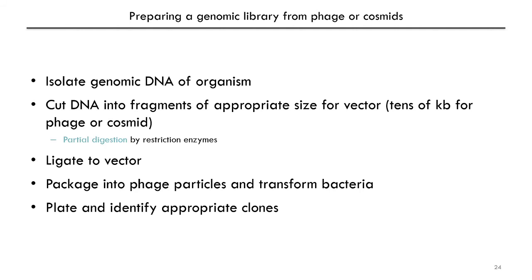You would package the DNA into phage particles and then transform bacteria, then plate and identify the appropriate clones. When the phage itself is used as a vector for DNA inserted into its genome, the clones appear as plaques on a plate. When a Cosmid is used as a vector, the clones grow as bacterial colonies on plates containing a selective antibiotic.